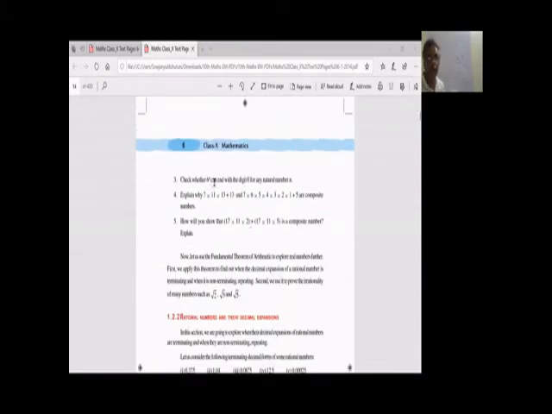Check whether 6 to the power n can end with the digit 0. Let us see: 6 squared is 6 into 6, 36. 6 cube is 36 into 6, again the unit digit is 6.